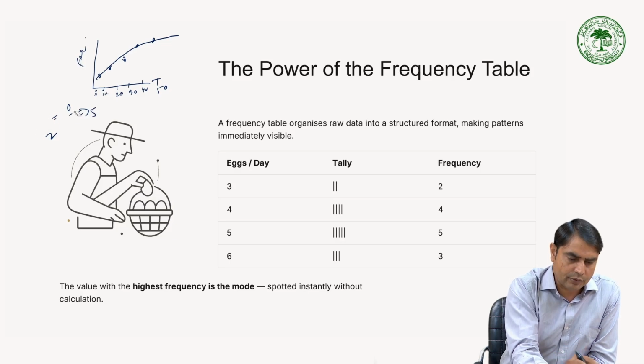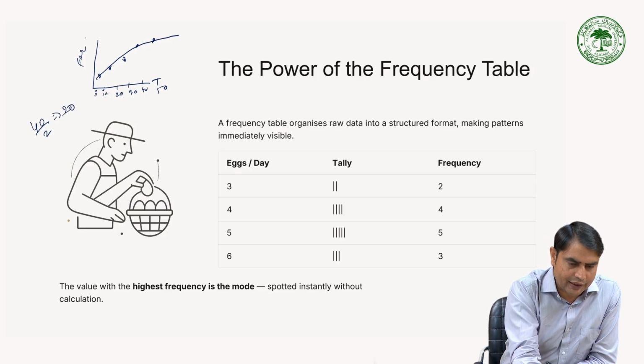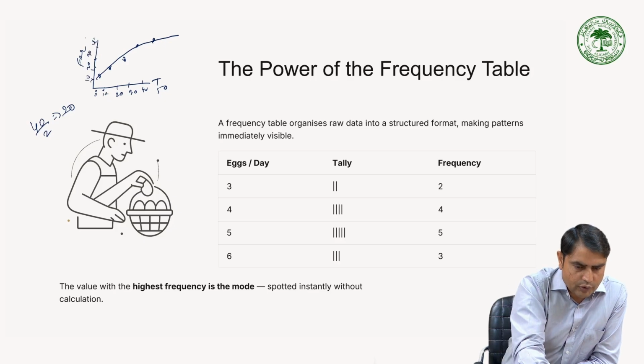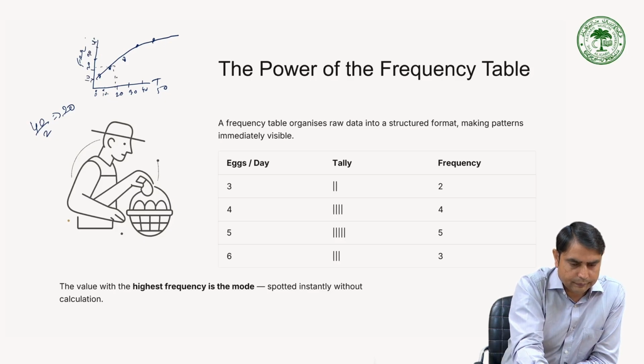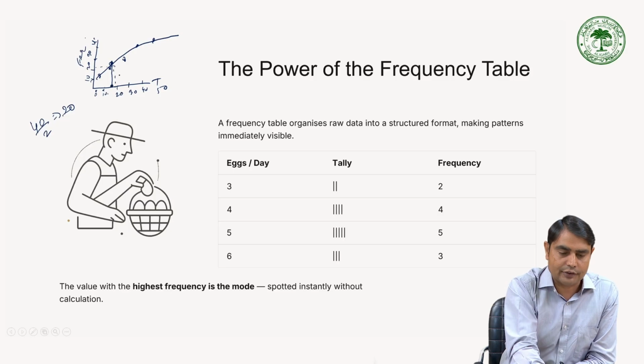If I assume my n is 40, n by 2 is 20, so I have to look for 20 on the cumulative frequency axis: 10, 20, 30, 40. You mark 20 there and drop it down. The point where it touches the x-axis will be your median.